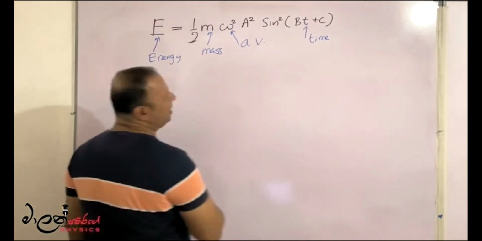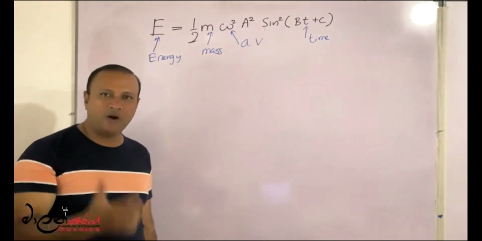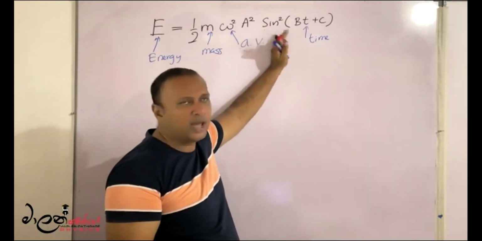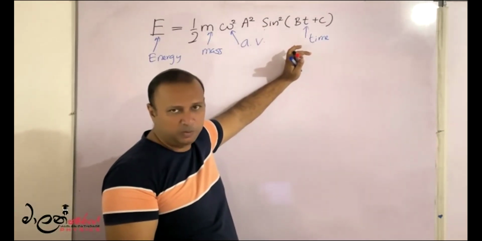This one, BT plus C, definitely should be an angle, because inside a trigonometric function, although it is a square, there should be an angle.